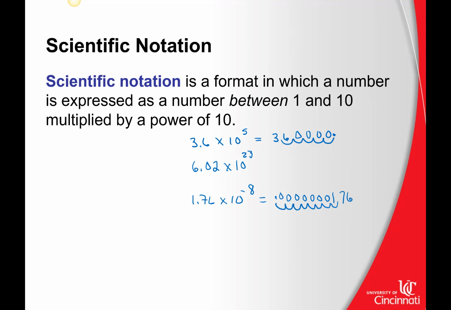Okay? So as we move into big numbers, on your calculators it may start displaying things in scientific notation. On your calculator, this would look like 1.76 e negative 8. The e says here comes the exponent on the scientific notation. Does that make sense?